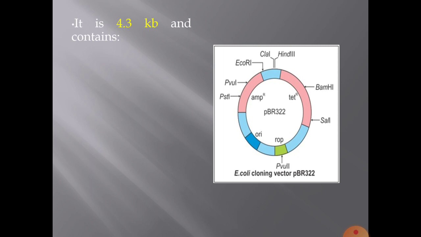It contains 4.3 kb base pairs. Then it contains ORI, the origin of replication, which is derived from pMB1. So the ORI is derived from pMB1.